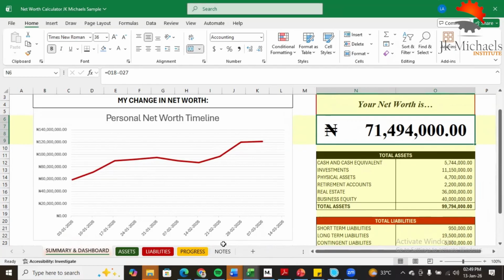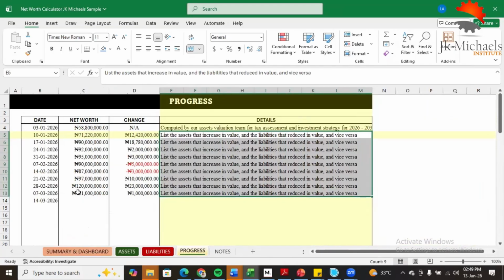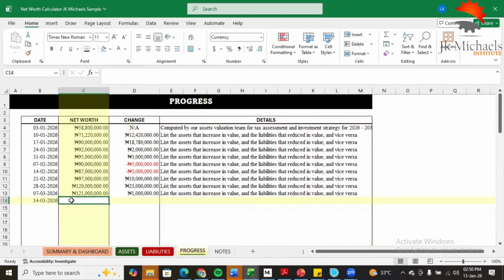Now let's update that in our progress sheet, right? Our new net worth. I cannot do it here because I have increased the money when I was giving examples. But let's assume that this 120 million, we add 274,000.